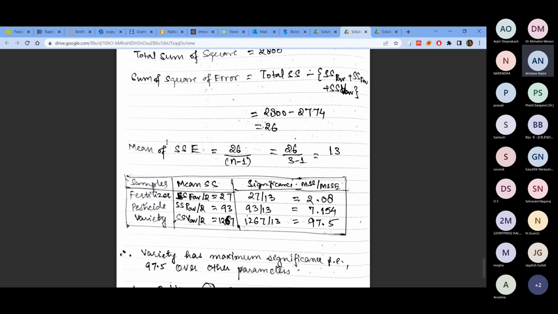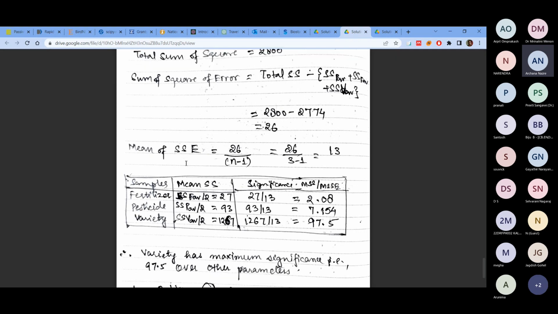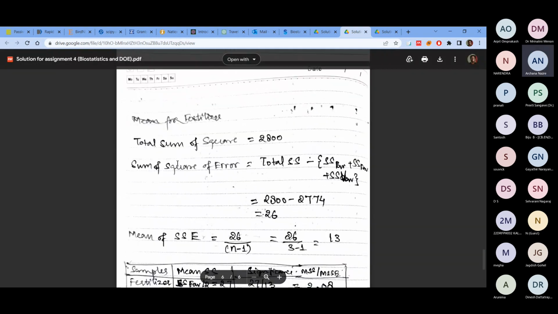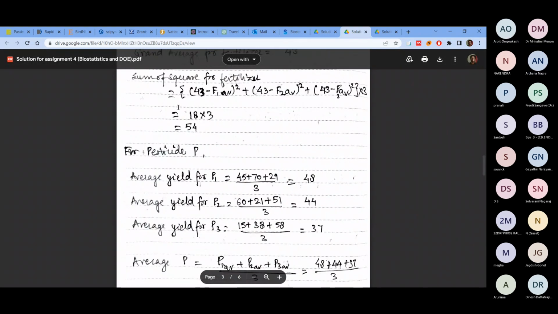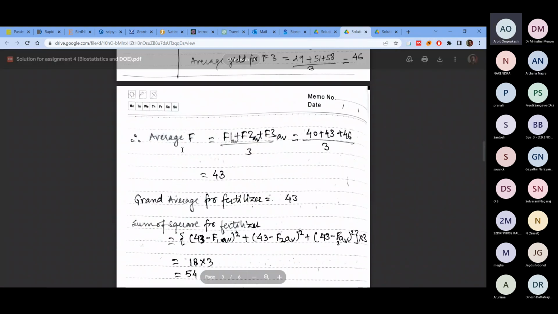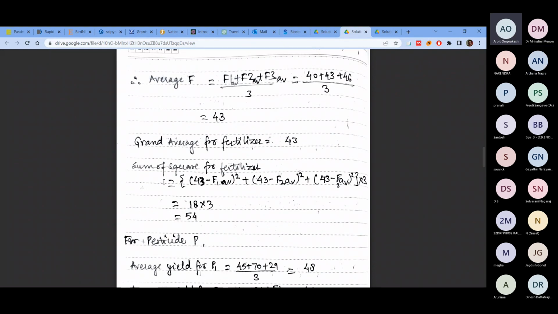Where did you get this 27? You divided the sum of squares by 2. This is fertilizer. For fertilizer, you get the sum of squares as 54. So 54 divided by 2 is 27.